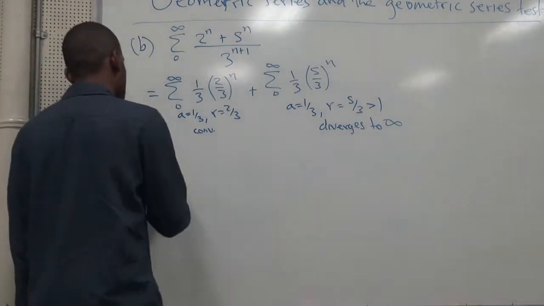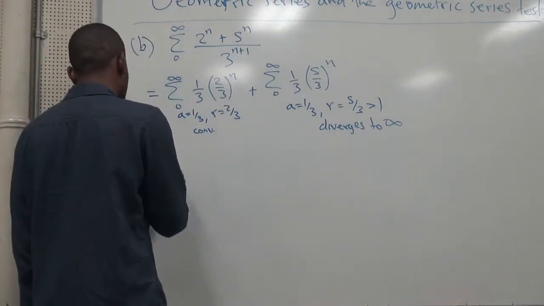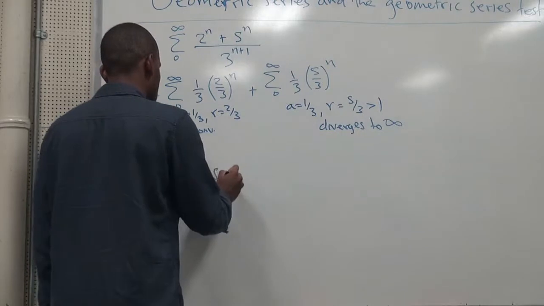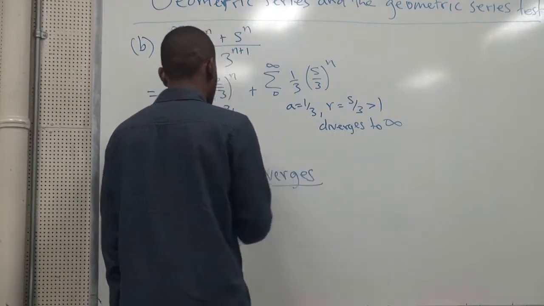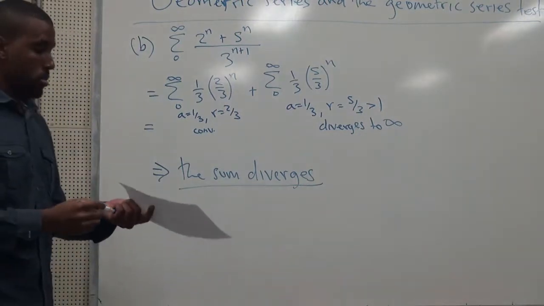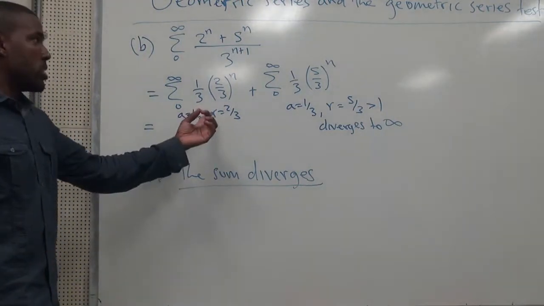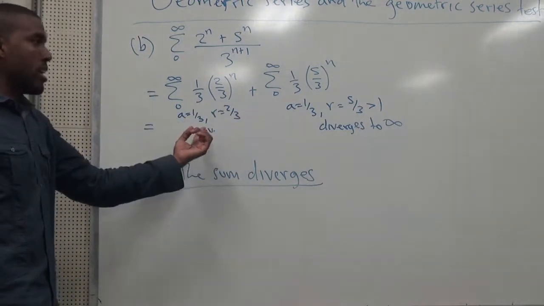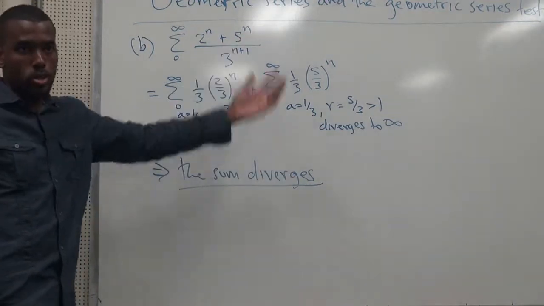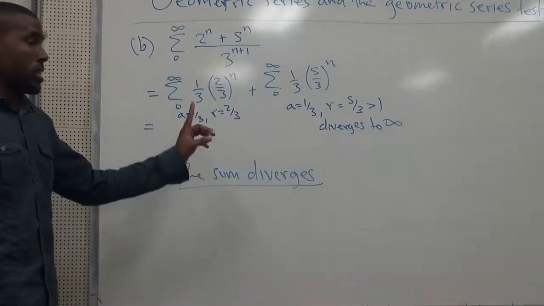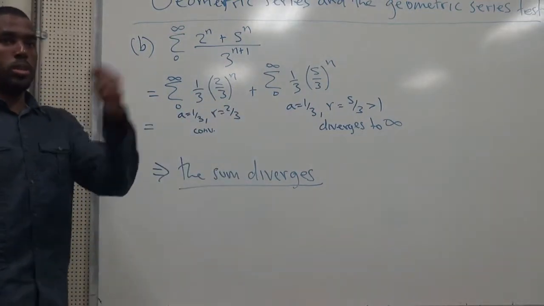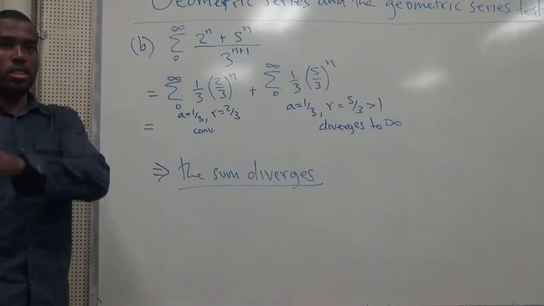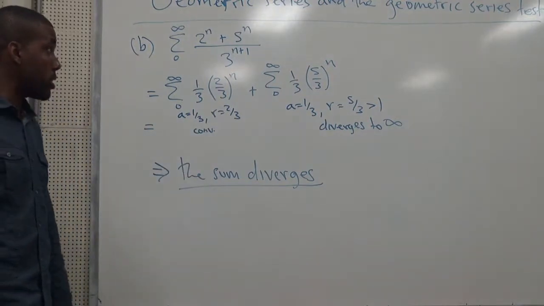So this means overall, a part of it converges, but a part diverges. So you have a finite number added to infinity. It still goes to infinity. It's very similar to back in calc 2 when you were doing improper integrals. You split up an improper integral. Part of it converges and part doesn't, then the whole thing diverges.